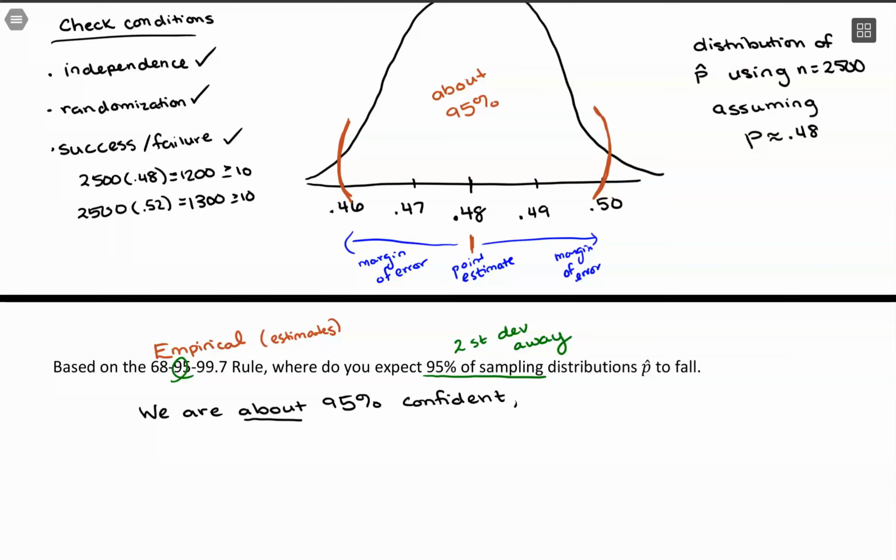And then what we'll have here is an estimate for what's happening for all HR professionals. The proportion of all HR professionals using social networking sites to research job applicants should be between this 0.46 and that 0.50, because we found that about 95% of samples land between there, which means our true population proportion should be between there with 95% confidence.